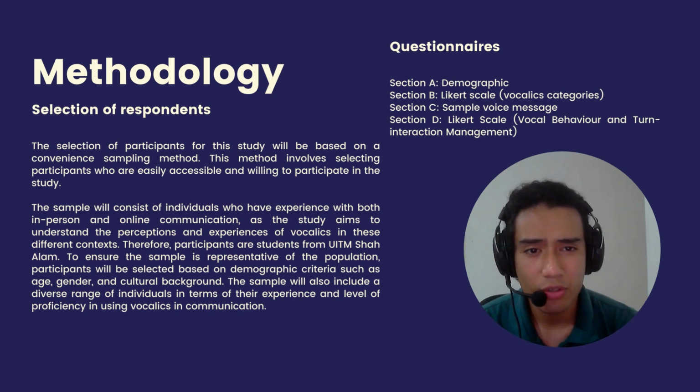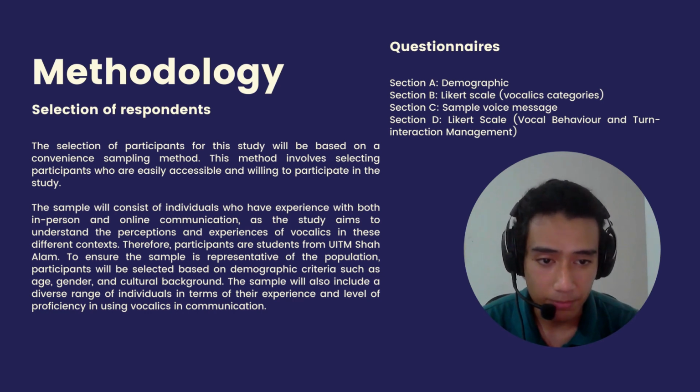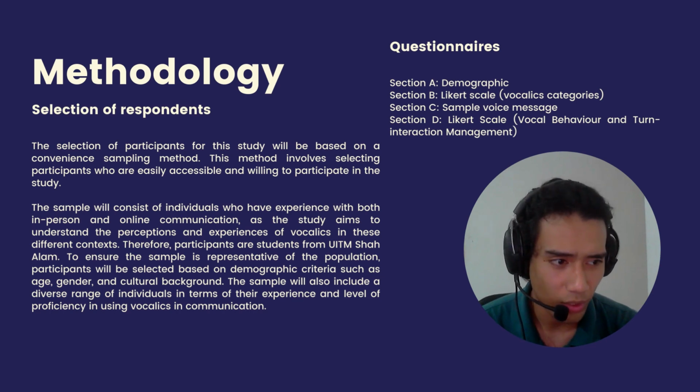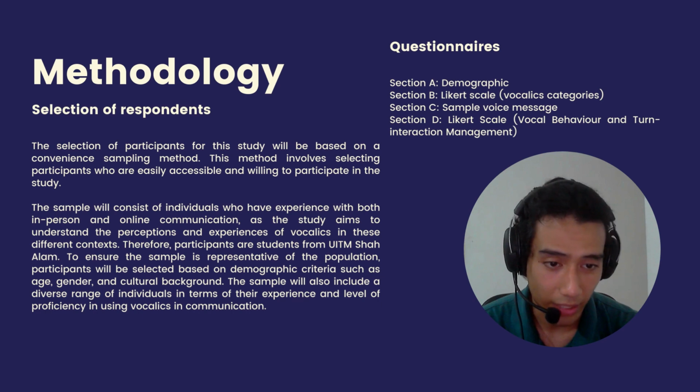For the questionnaires, we have four sections: section A, B, C, and D. For section A, we ask the respondents their demographic background, like their age, their email, their gender, and mostly about which faculty they're from. Then for section B, we provided a Likert scale to test the knowledge of students about vocalic categories.